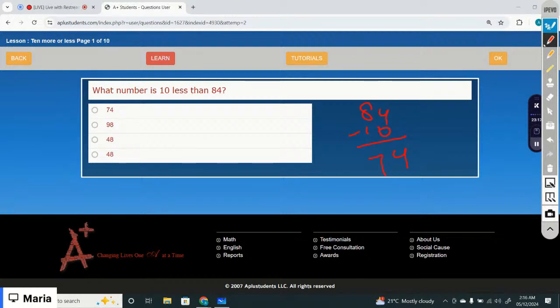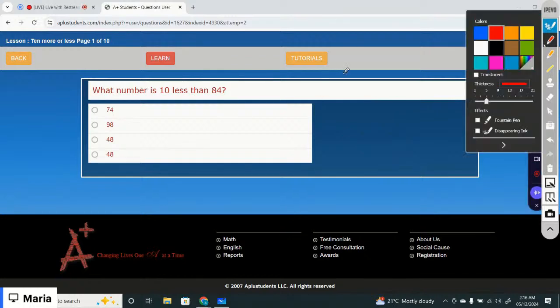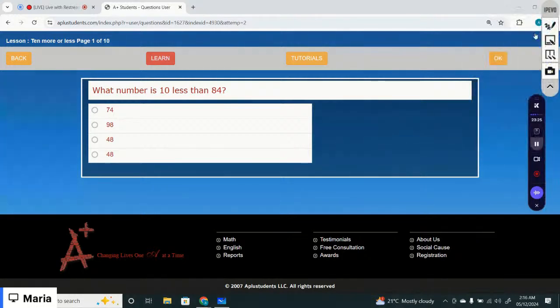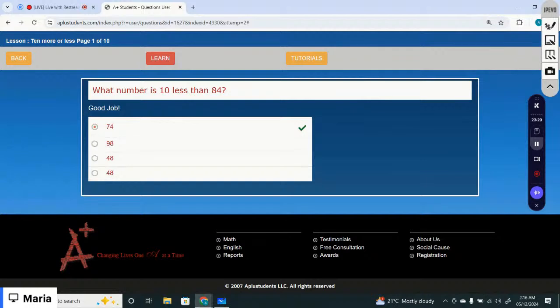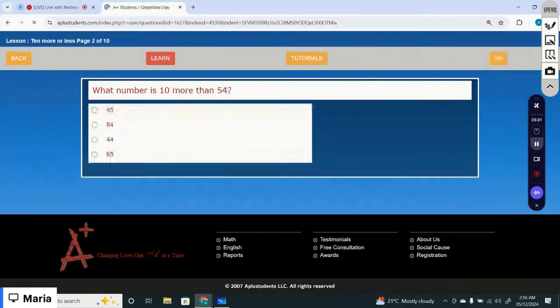So that is 74. The correct option is option number 1. That is 74. Option number 1 is the correct option.